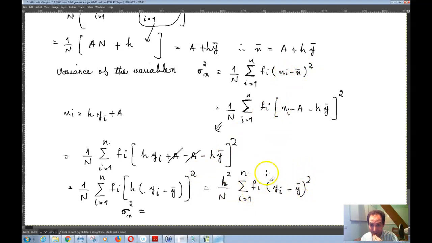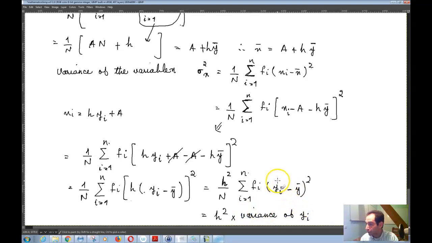So you can see that this part of the formula over here is actually the variance of the variable y. So you can write this as h squared times the variance of the variable y of i.